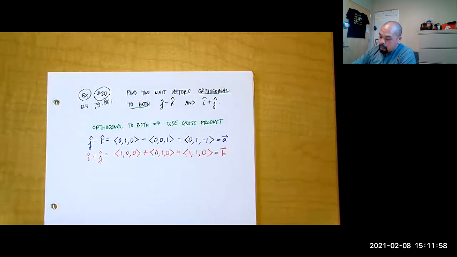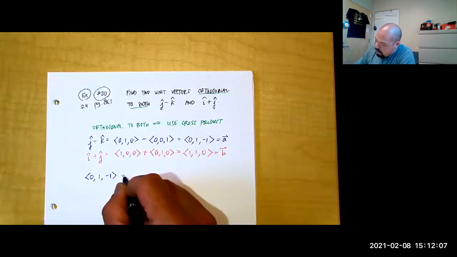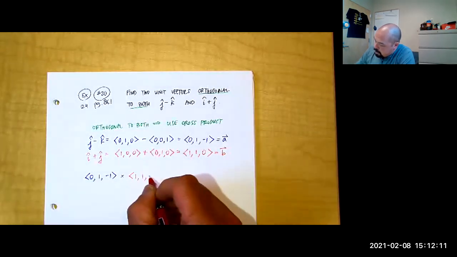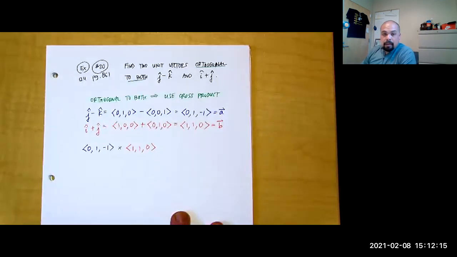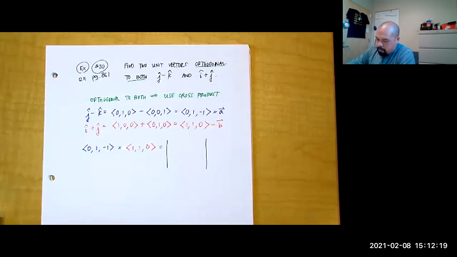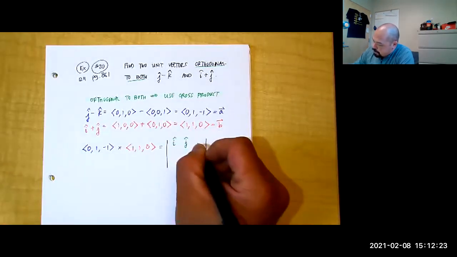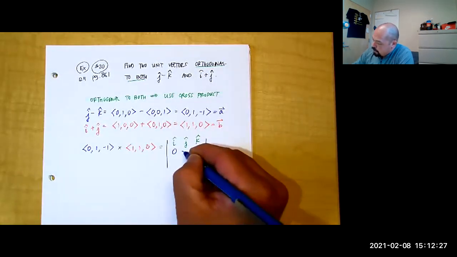So when I look at that cross product, taking 0, 1, negative 1, crossing 1, 1, 0, across the top, our unit direction vectors, i, j, and k. Now filling in our two vectors.